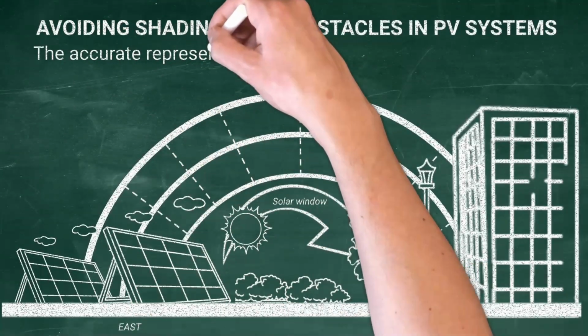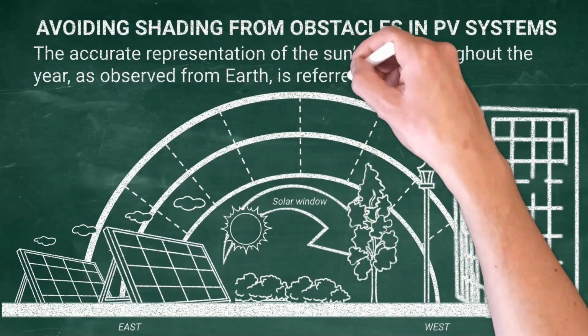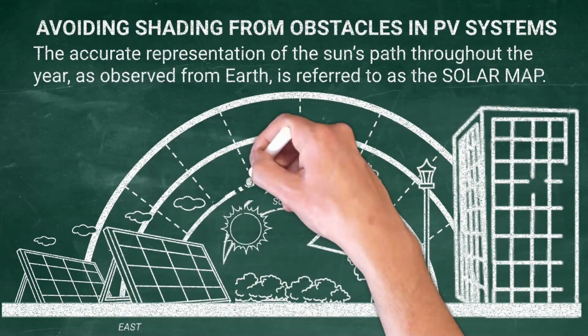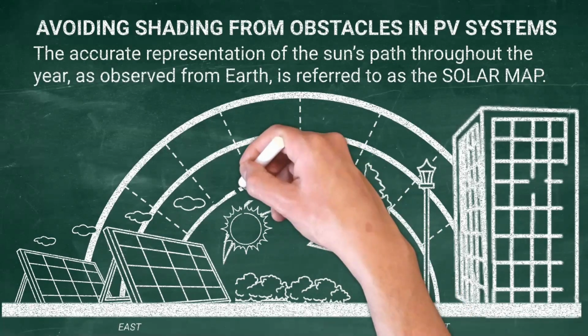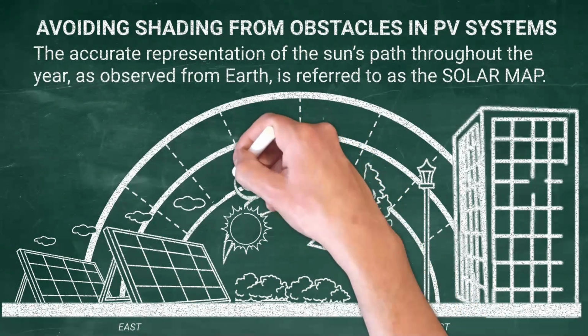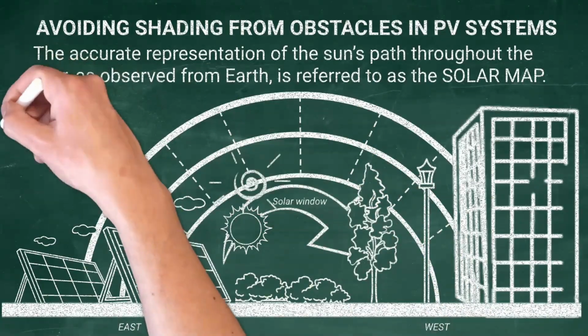What is the solar map? The accurate representation of the sun's path throughout the year, as observed from Earth, is referred to as the solar map. This map determines the sun's position for any hour of the day for every month, at the specific geographical latitude of the location.